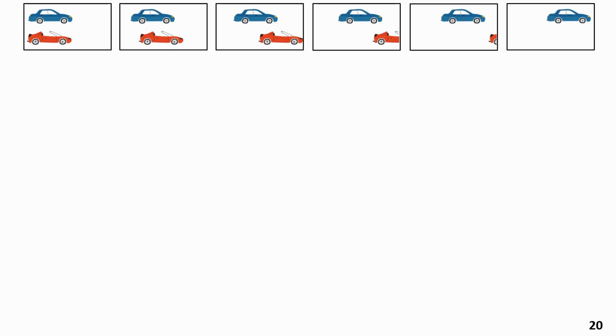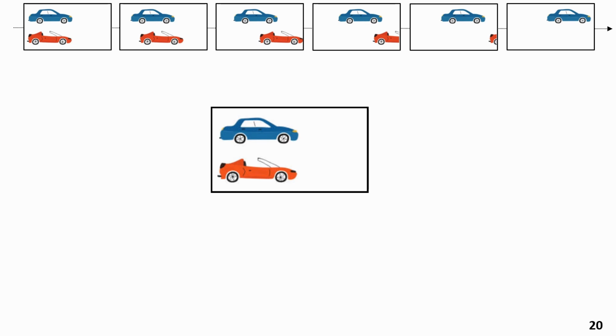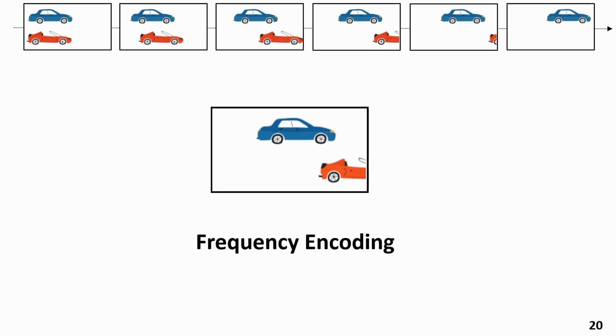And if we take these photographs and stitch them together, then we have a video loop and can estimate the car speeds. This is how frequency encoding works in terms of capturing the data we need.